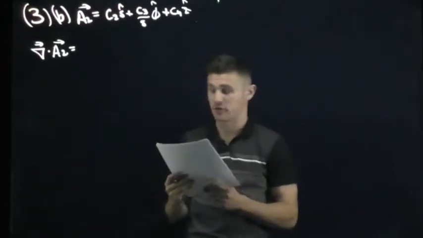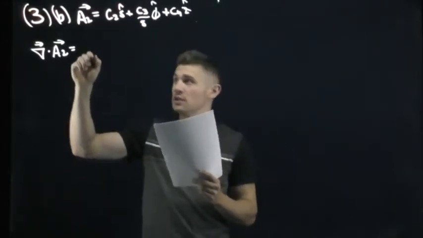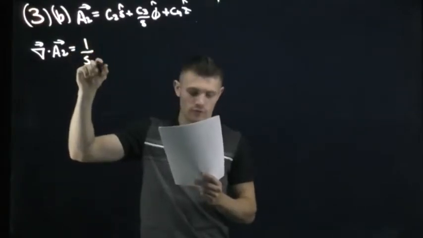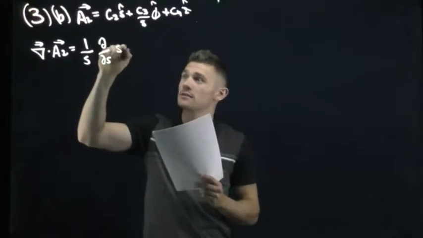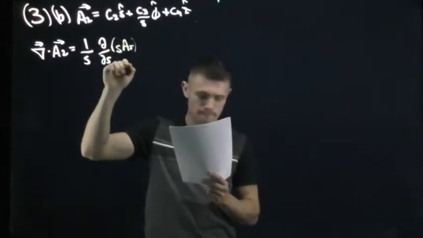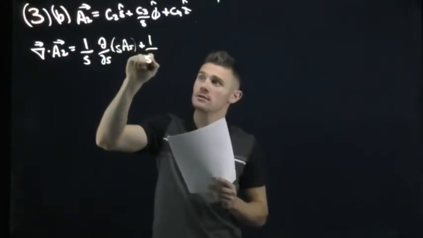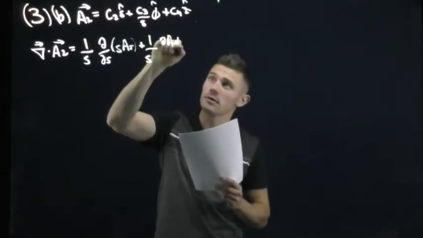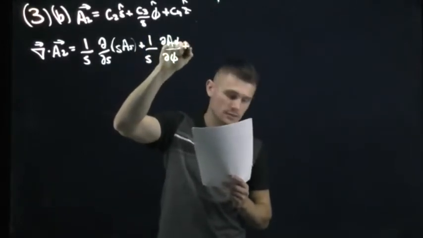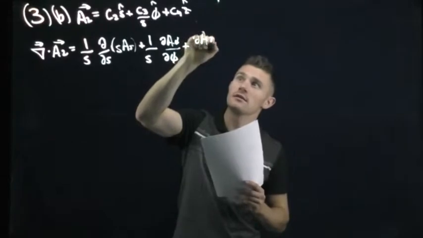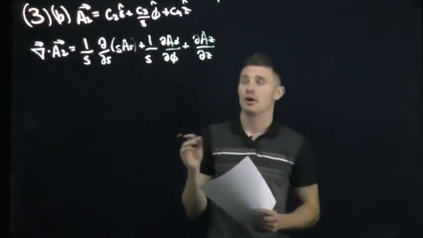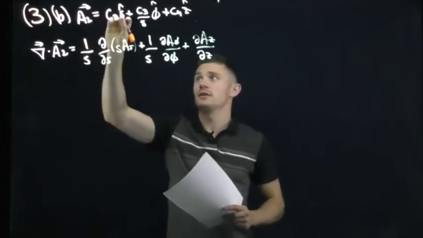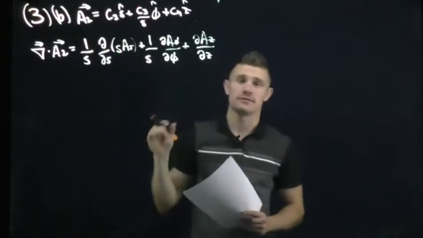So now we have to take the divergence in cylindrical coordinates, which again, take from your formula sheet, we have 1 over s d by ds of s A_s plus 1 over s dA_phi by d phi plus dA_z by dz, where A_s, A_phi, and A_z are the respective components of the vector field: C2, C3 over s, and C4.